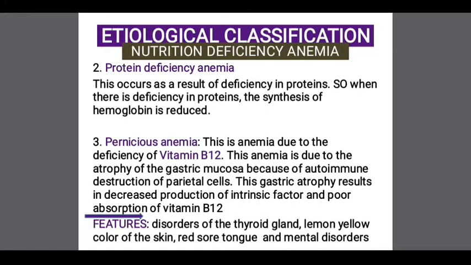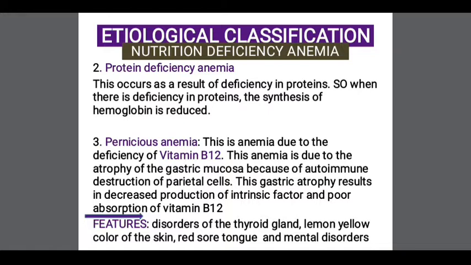Number three we see here is pernicious anemia. This is the third type of nutrition deficiency anemia we're going to be looking at today. This is anemia due to the deficiency of vitamin B12. This anemia is due to the atrophy of the gastric mucosa because of autoimmune destruction of parenchymal cells. This gastric atrophy results in decreased production of intrinsic factor and poor absorption of vitamin B12.